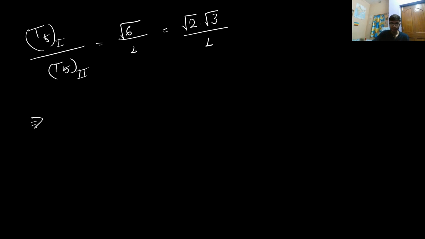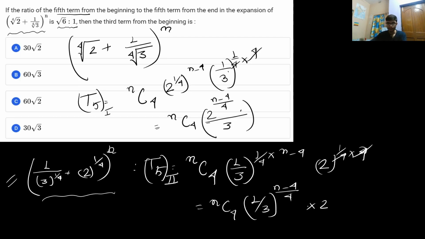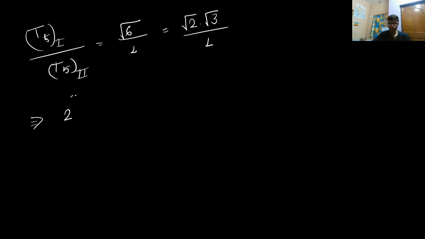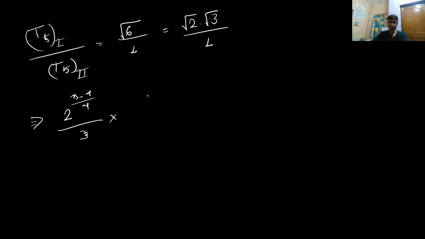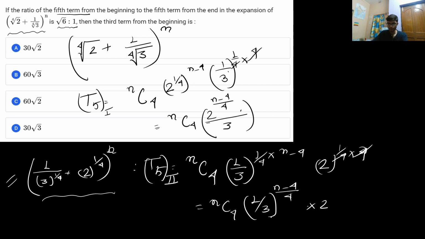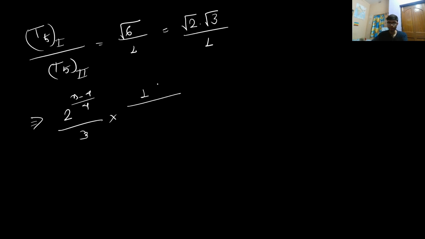If you divide, the nC4 from both cancel out, so the left out term is 2 raised to the power n minus 4 by 4 divided by 3. Dividing is the same as multiplying by the reciprocal. So that gives 1 by 3 raised to the power n minus 4 minus 4 into 2, which is equal to root 2 into root 3.